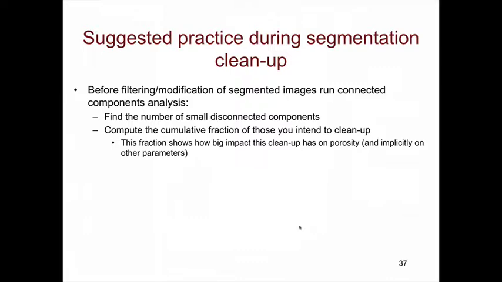If I have a whole lot of single voxel, single pixel things, I remove them. I also double check the cumulative fraction of it, because that tells you volumetrically how much they occupy, and you can see how big of an impact your cleanup has on the porosity. You do want to estimate that and be comfortable.